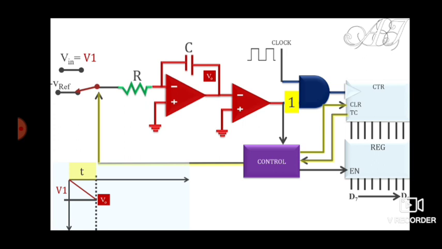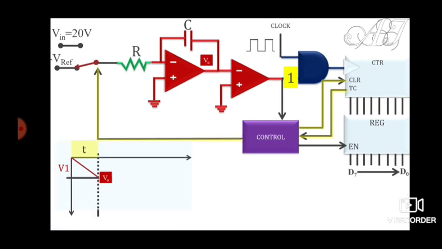Once the counter has reached its maximum count, this TC will enable, and the counter will be reset to 0, and at the same time a control signal will be generated that will change the switch, and now the switch is connected to V reference. Okay, now let's see what will happen next.